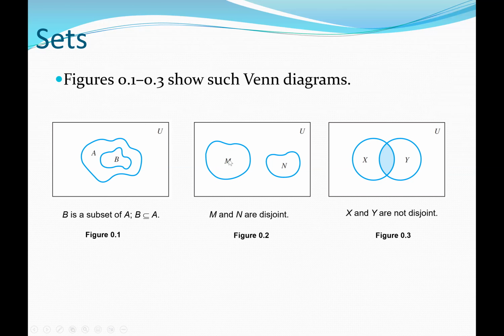So this means the set M and set N have no common elements. So they are disjoint. And X and Y are not disjoint because we can see there's some intersection between X and Y here, which means the shaded area, the sets X and Y have common elements there.